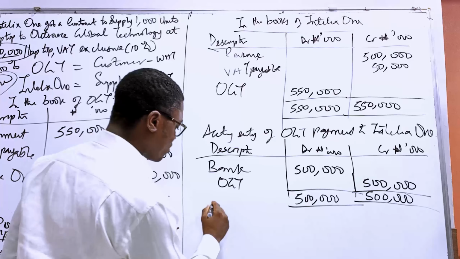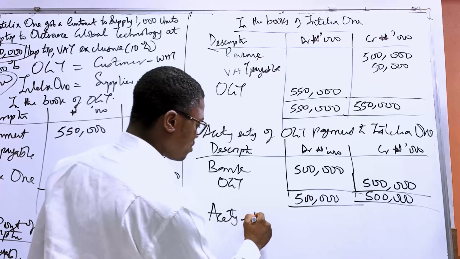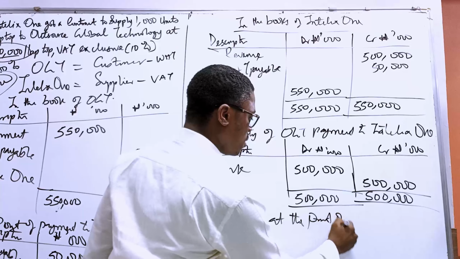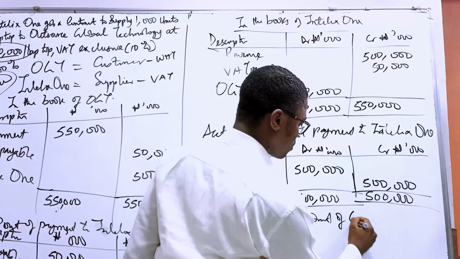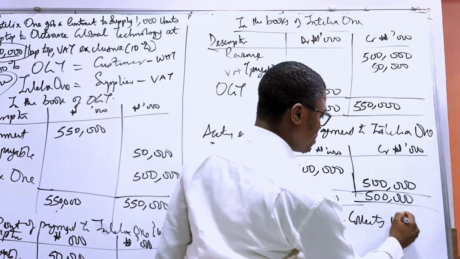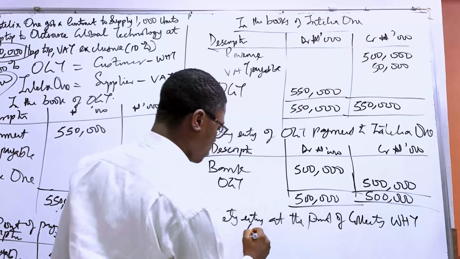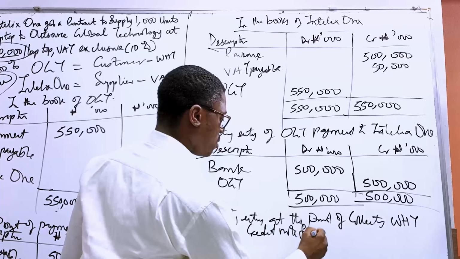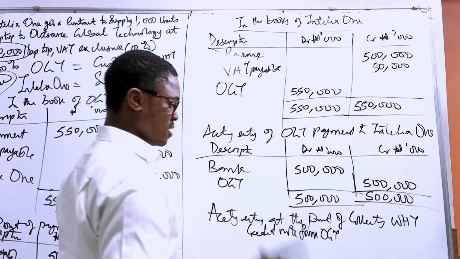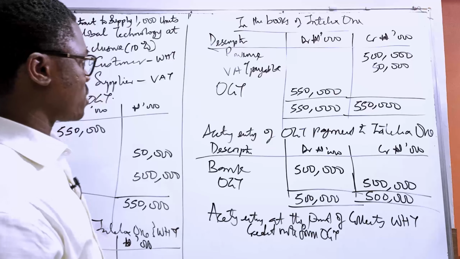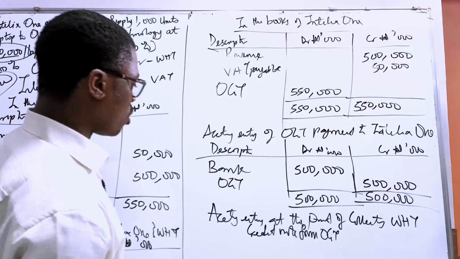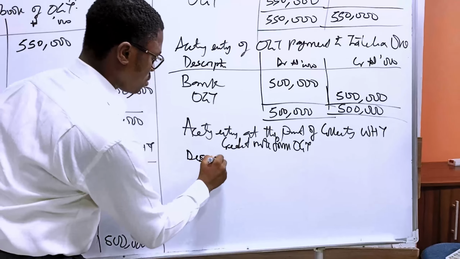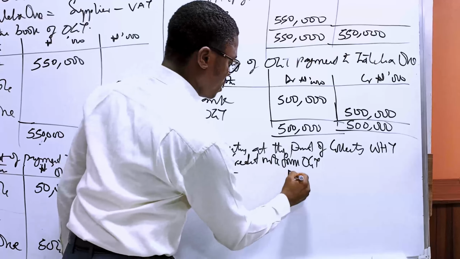So the accounting entry, we go further, the accounting entry at the point of collecting the withholding tax credit note from OGT. Let me have my description and my debit side.